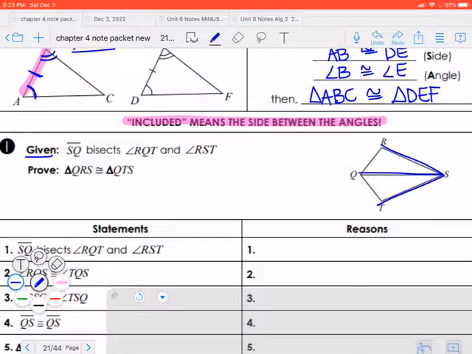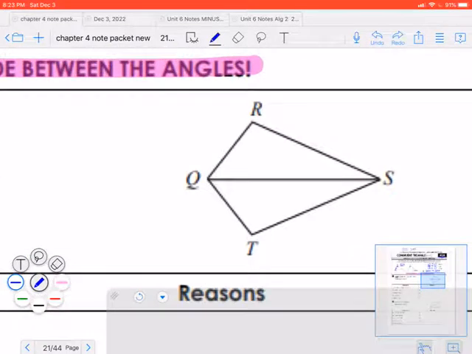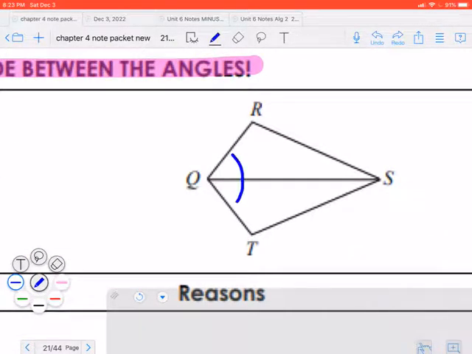As geometry students, we need to know that when it says a segment is bisecting an angle, that means it's cutting the angle into two equal pieces. So this is the bisector. That means that this angle equals that angle because it's bisecting that larger angle. And the same thing on the other side, this angle is equal to that angle.